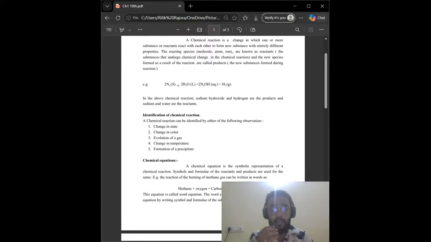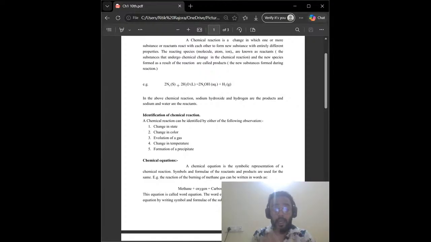You know that sodium is a very highly reactive element. When it comes in contact with oxygen, it catches fire rapidly. So it is kept in kerosene oil so that it cannot catch fire easily.